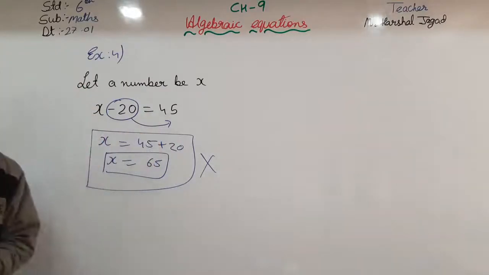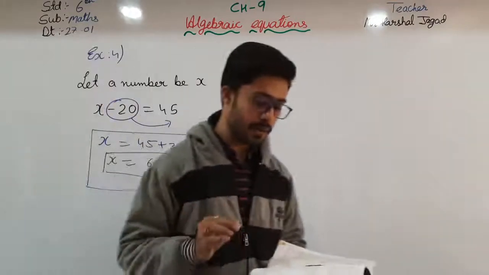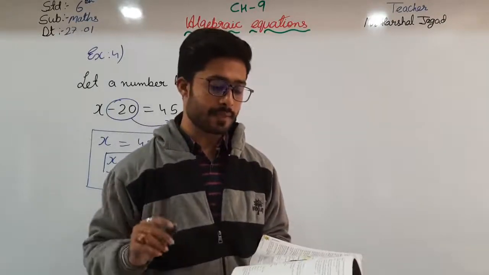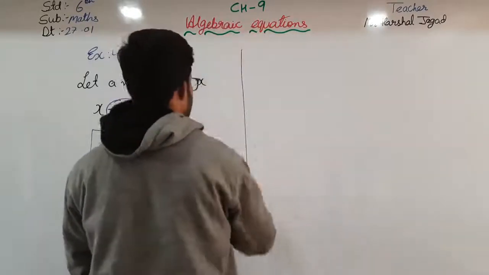Then we move towards example number 5. Suresh is twice as old as Manoj. Convert this statement into an algebraic equation.